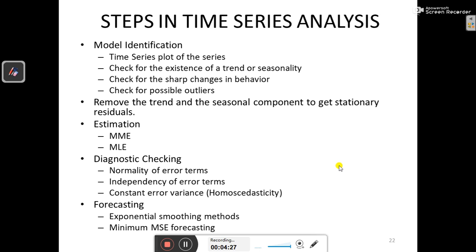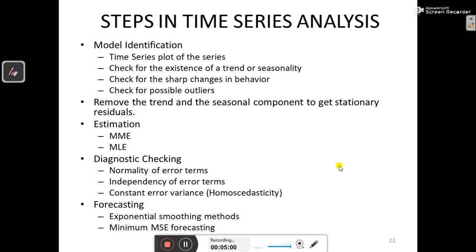So we check the behavior of the error: whether the errors are independent or have some dependency, what the normal value of the error terms is, and whether we can measure their normality. And constant error variance means whether there is any relation in the variance of the error.